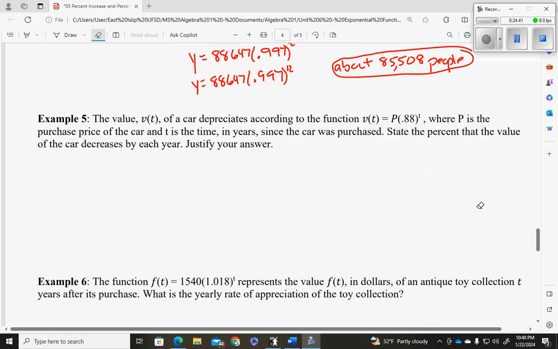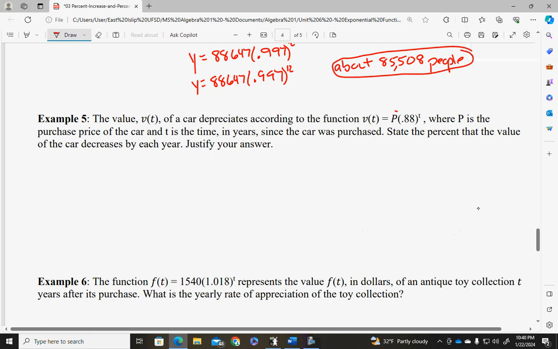And I love these two last questions. They're just checking to make sure you understand what the percent of increase or decrease is when they give you the function. So they're talking about the value of a car depreciates according to this function. P is the purchase price, T is the time, and they want us to state the percent that the value of the car decreases by. It's definitely a decrease because this is less than 1.